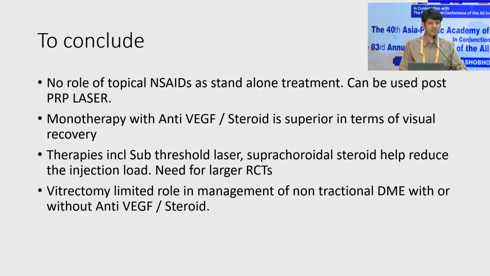Combination therapy with steroid has no evidence that it really helps. Therapies like subthreshold laser and suprachoroidal steroids do help in decreasing the load of anti-VEGF injections, but in terms of visual acuity, both of them fare almost equally well. And vitrectomy has a limited role in the management of non-tractional diabetic macular edema, with or without anti-VEGF and steroid.